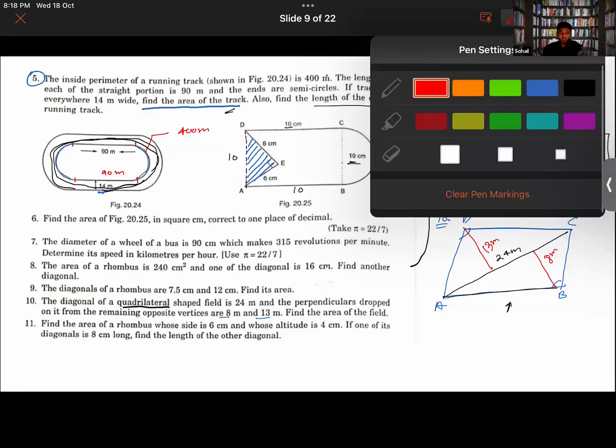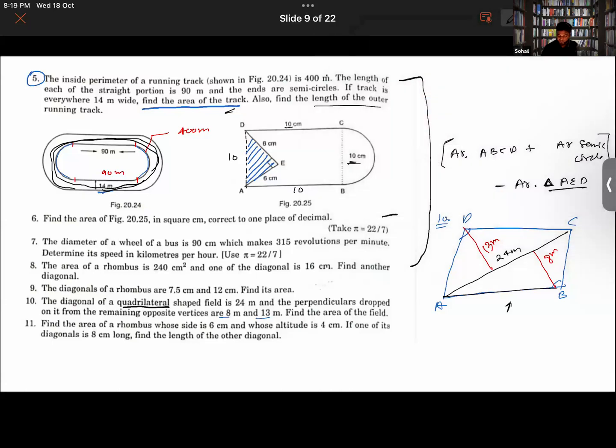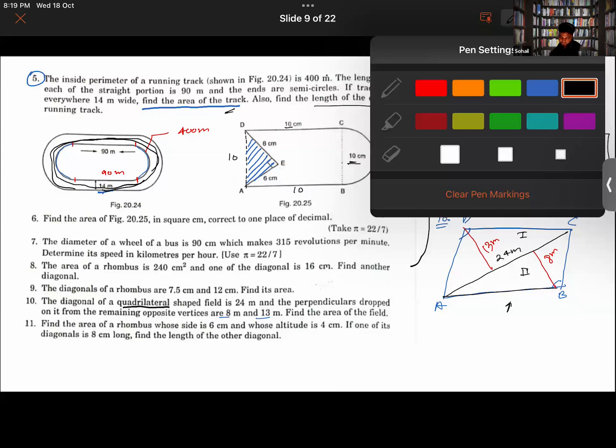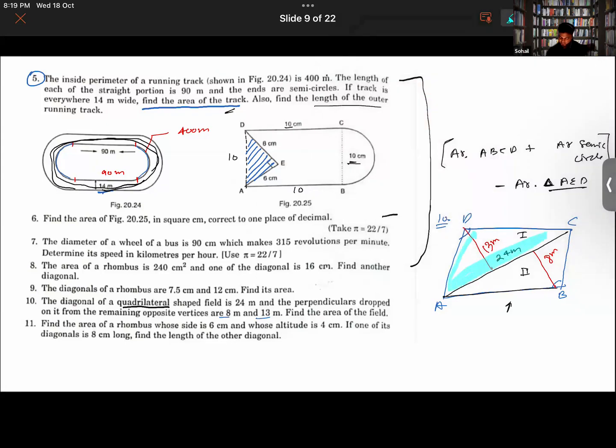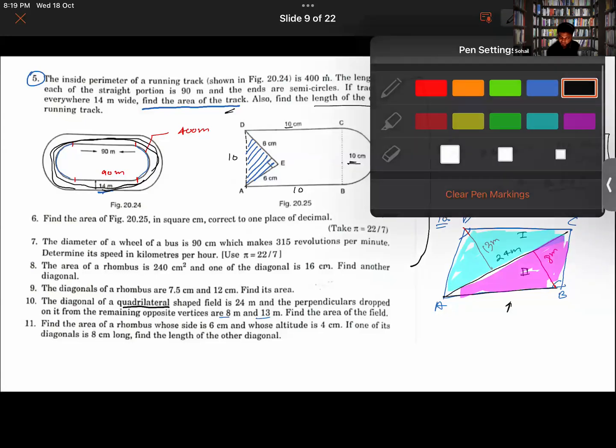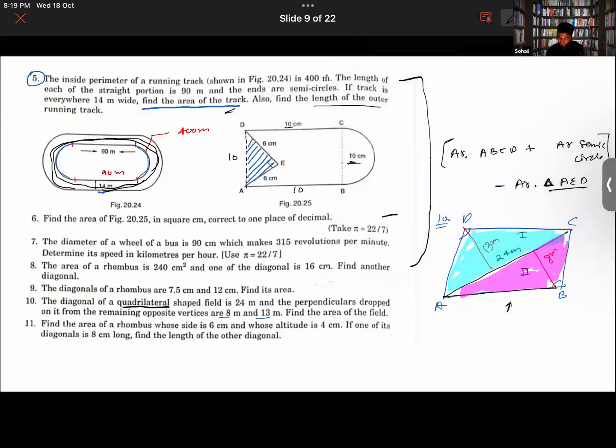Now it becomes quite simple. What do we have here? We have two triangles, triangle number 1 and triangle number 2. Why can't we just use half into base into height for triangle number 1 plus half into base into height for triangle number 2?